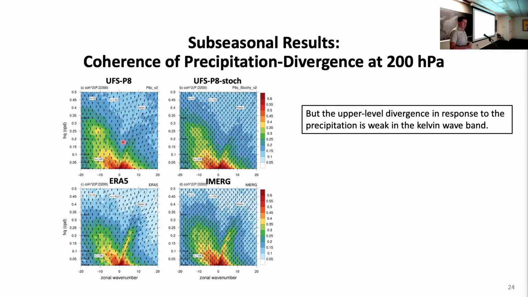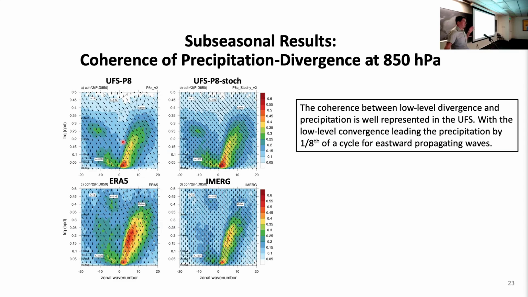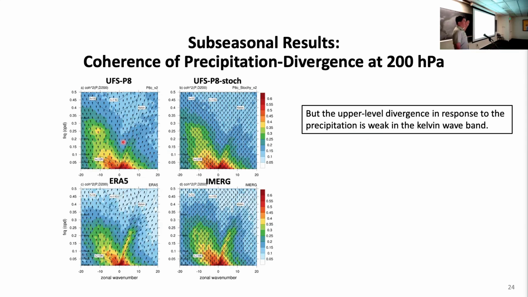And then the next slide, I didn't point out, the previous one is actually at 850 millibar height, so basically more like the base of the cloud layer over the tropics. This is now at the top of the atmosphere, like the top of the thunderstorms, at the anvil layer, where divergence is happening. In this case, things break down. In the observations on the bottom, you're getting divergence where you're getting the precipitation.